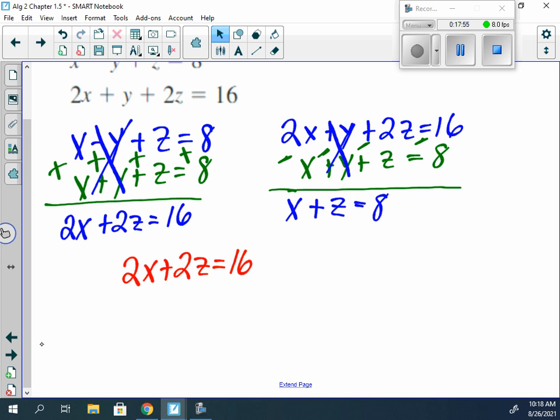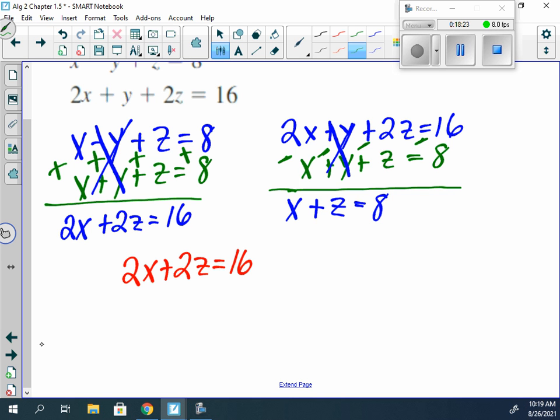I try to avoid fractions because they're easier not to deal with if we don't have to. So going up, increasing something by a whole number will not provide fractions. But if I'm having to divide to make something smaller, I roll the dice on fractions. So it's easier to go up than it is to come back down. 1 and 1, 2 and 2. So we're going to go up here.